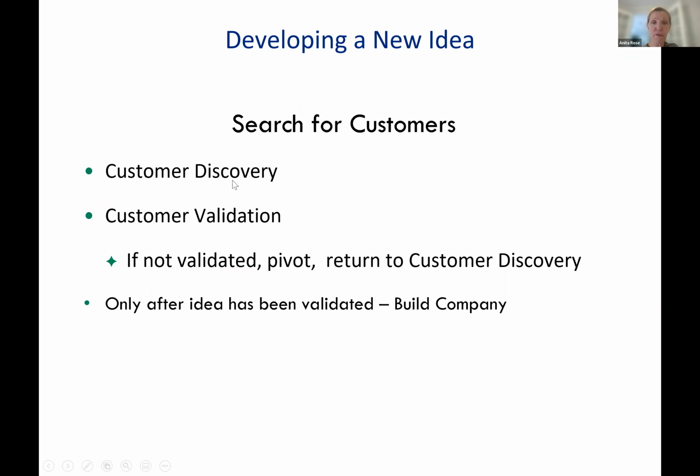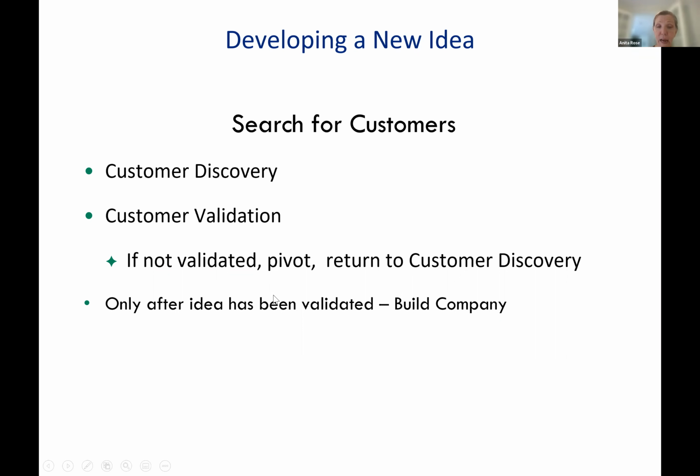So our first step is customer discovery, find out what their problem is, and then we've hopefully validated that information by gathering that data from them and looking at that closely. If not, we pivot, right? We pivot and we make some change, and then we return to our customer discovery and we interview different people, or maybe the same people, to find out if this idea would have some type of merit or would be agreeable to them.